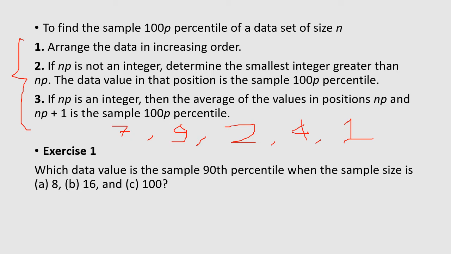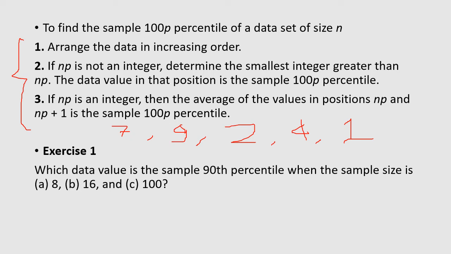That is, if np is not an integer, determine the smallest integer. So that means you have to apply the formula n times p. Now, let's say you want to figure out the 70th percentile, right? The 70th percentile. So the sample size is 5 because there are only 5 scores.